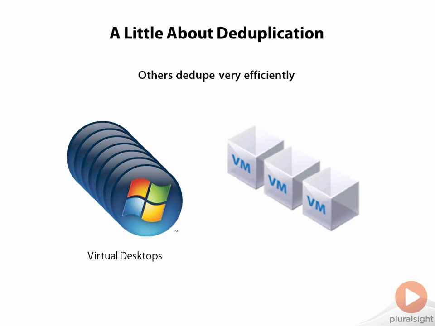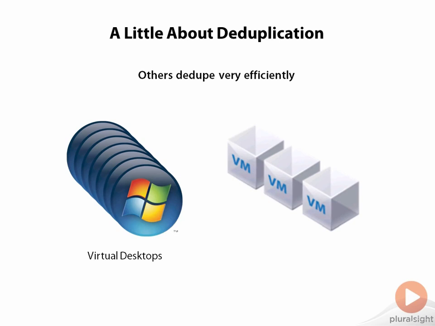Other things dedupe very efficiently. Virtual desktops, that's like the killer use case for these sorts of arrays. If I've got 500 or even 1,000 or really even 2,000 virtual desktops all running the same Windows 8 image, you get just phenomenally good dedupe ratios. Even if you have varying images, often those Windows machines would dedupe very well. This goes well for mixed virtual machine workloads too. Again, hundreds of Windows servers or installs of Windows servers will dedupe down very well.